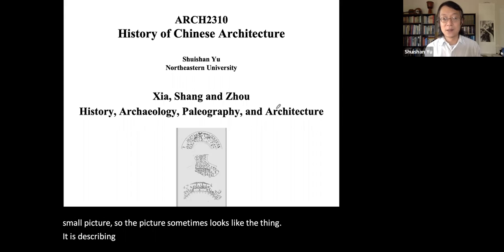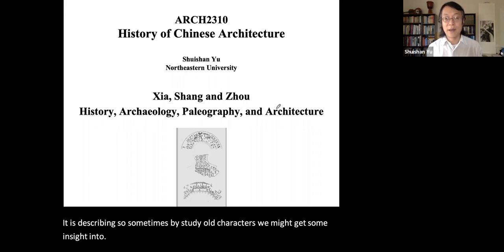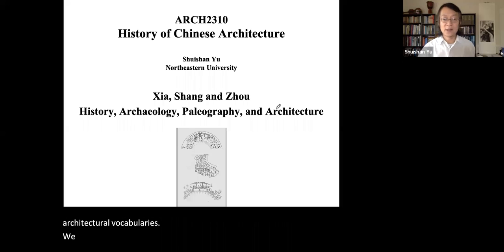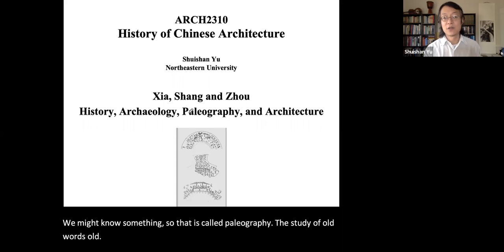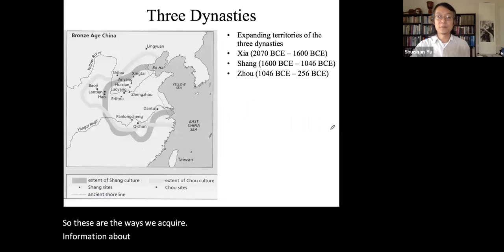So sometimes by studying old characters, we might get some insight into the thing being depicted back then. So if we specifically look at architectural vocabularies, we might know something. So that is called paleography, the study of old words, old language, or old script. So these are the ways we acquire information about architecture.